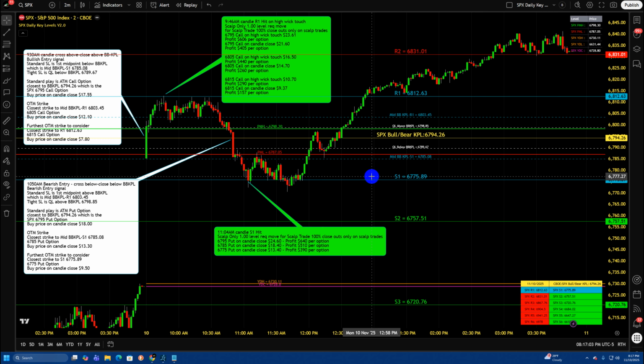Some of you may already be familiar with how this indicator works, but for those who are not, I will briefly run through it.